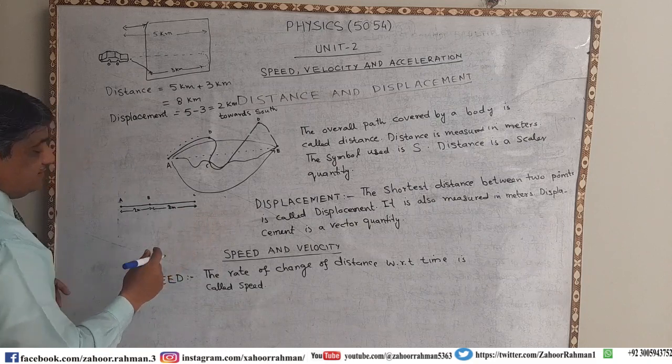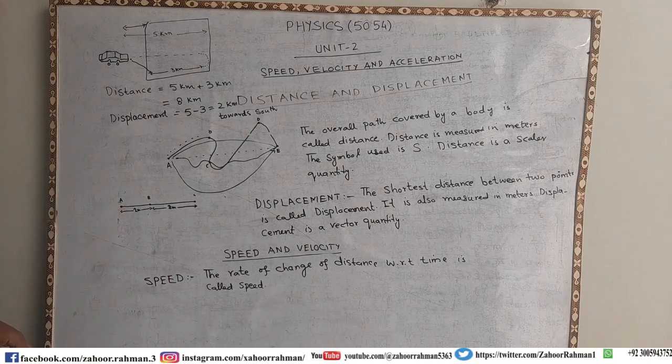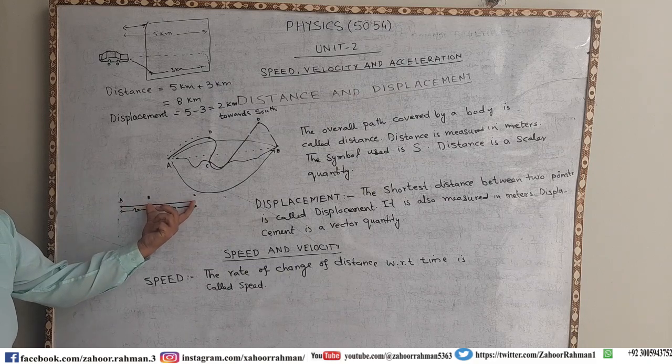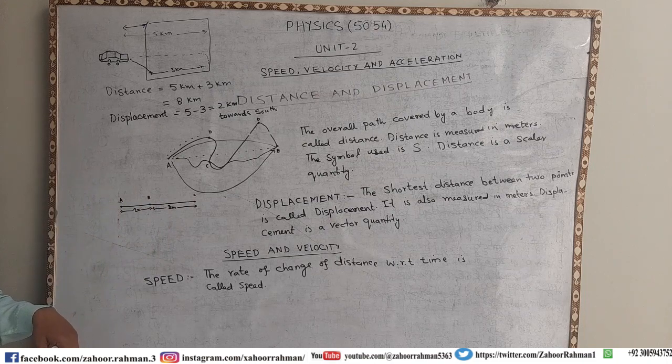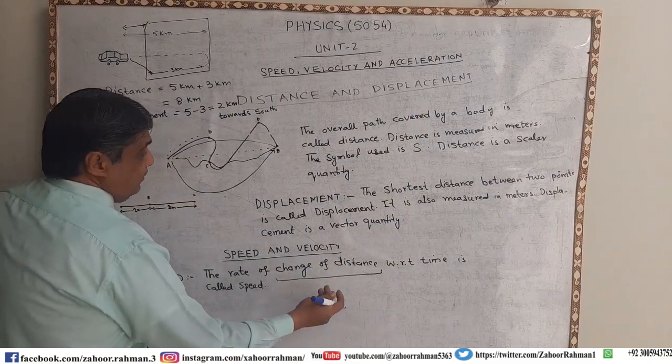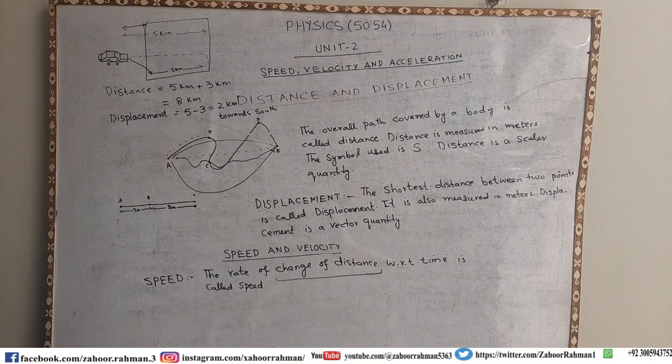So what do you think? Is the speed increased or decreased? It is going with speed because this much distance is covered in this much time, and in the second 1 minute, the time is the same. So it means there is a change of distance with respect to time. Then it is called speed. It means that the car is moving with a high speed.